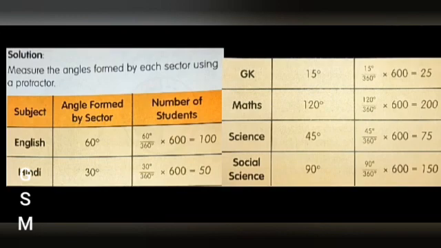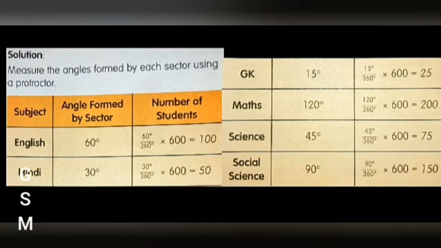For the English subject, the angle formed by the sector is 60 degrees. Calculate the number of students using the formula angle formed by sector divided by 360 degrees into the total number of students. So 60 degrees divided by 360 degrees into 600 equals 100.